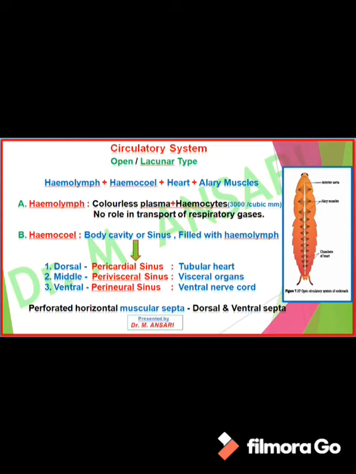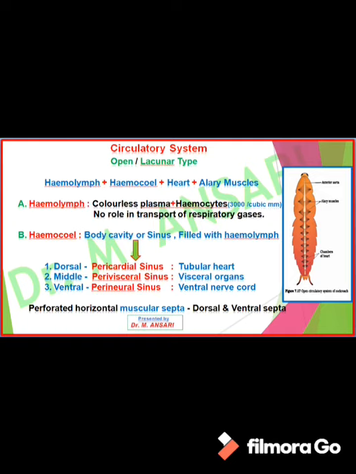And ventral sinus is perineural sinus because of the presence of the ventral nerve cord. These sinuses are separated from each other by perforated muscular septa. One dorsal septum and one ventral septum are present in the circulatory system of cockroach.